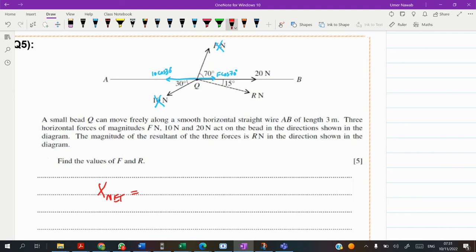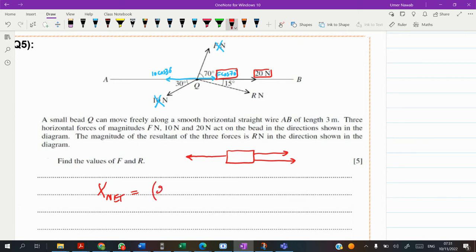Okay, so it looks like on the body there are two forces acting on the right hand side and one force acting on the left hand side. What are the two forces acting on the right hand side? These are the two forces.